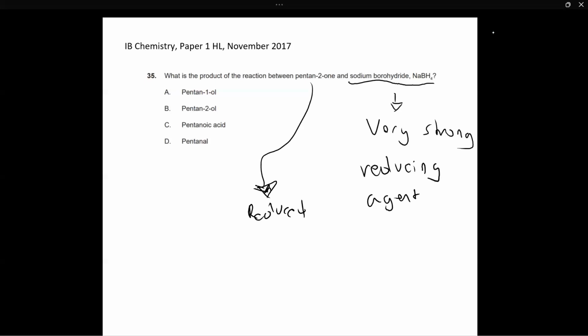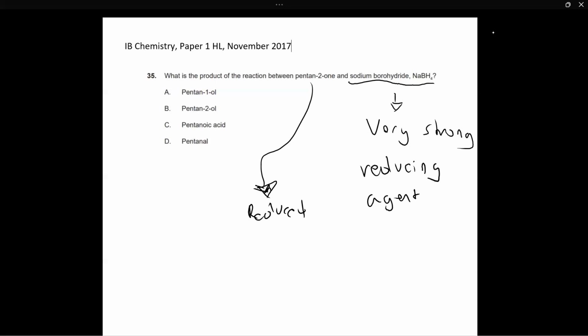I know it's a pretty loose analogy, but that's how I used to remember it. A reducing agent reduces something else, just like a real estate agent brings you to new homes, if that helps you remember it.